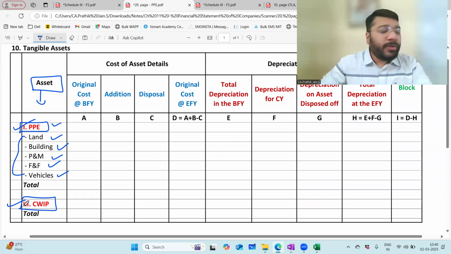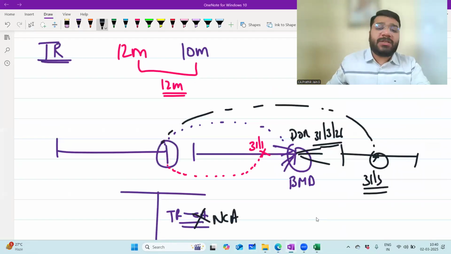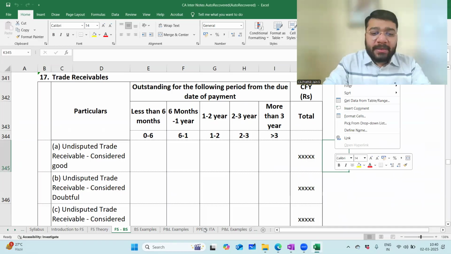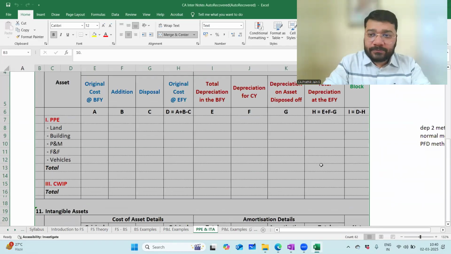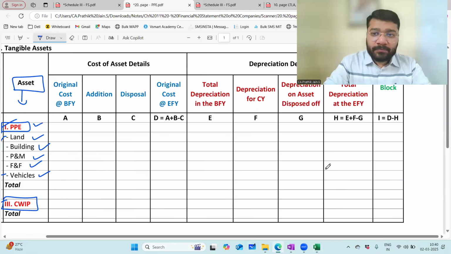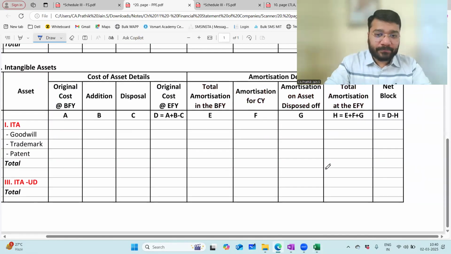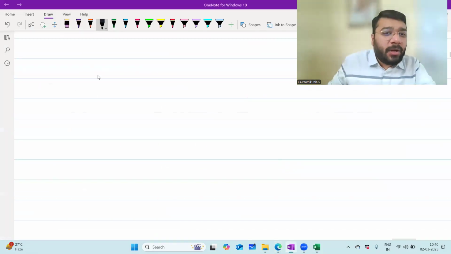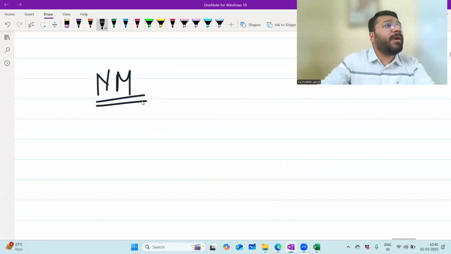No problem. Now here, all of you know, there are two methods for accounting depreciation. One is called the normal method of accounting depreciation.